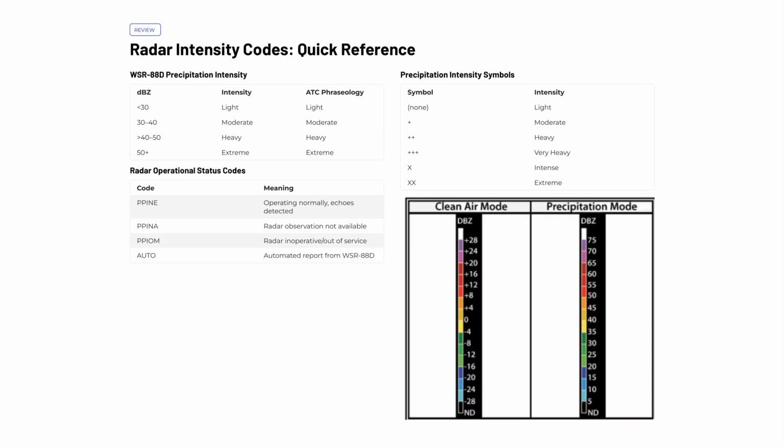Finally, when radar intensity is depicted using symbols, the absence of a symbol indicates light precipitation. A single plus sign is moderate, double plus is heavy, triple plus is very heavy. The letter X indicates intense, and double X represents extreme. Knowing these codes and symbols ensures you can quickly and accurately interpret radar weather information in an operational environment.